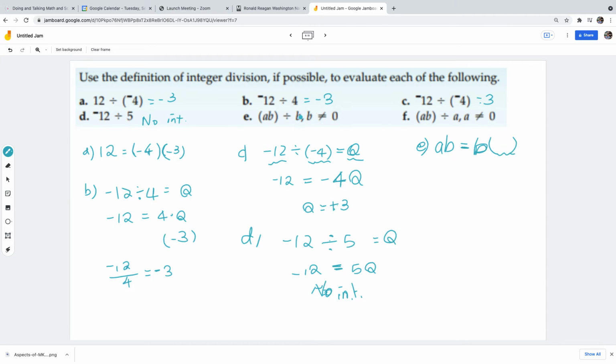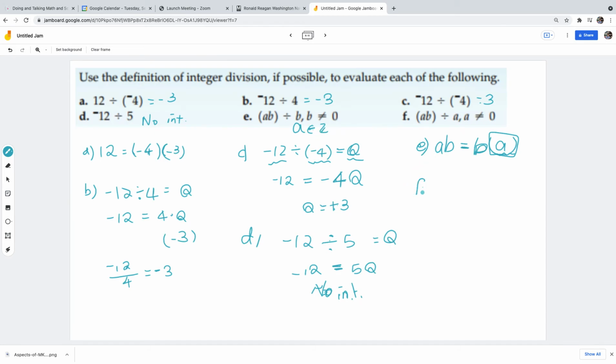Because B is the divisor, AB is the dividend. Dividend equals divisor times quotient. So you need to fill in this part. AB is B times what? Yes, A, because AB is the same as BA using the commutative property of multiplication. So in that case, it's A, and of course A is also an integer.